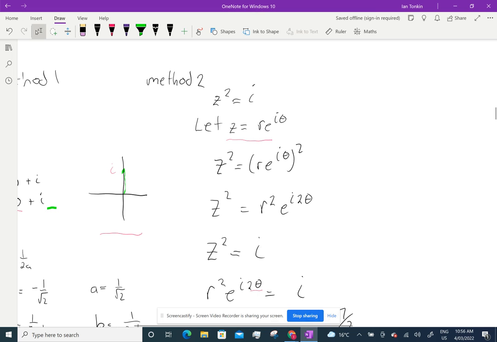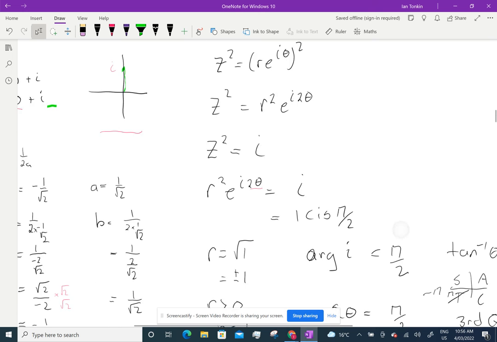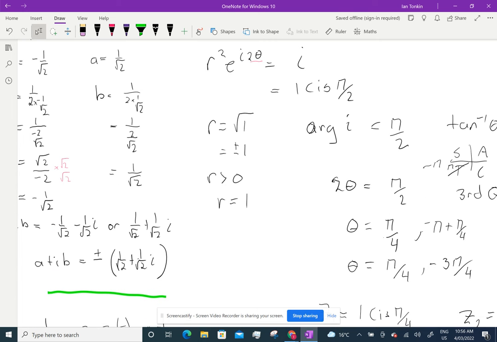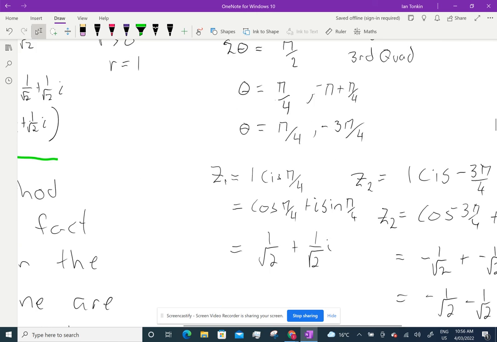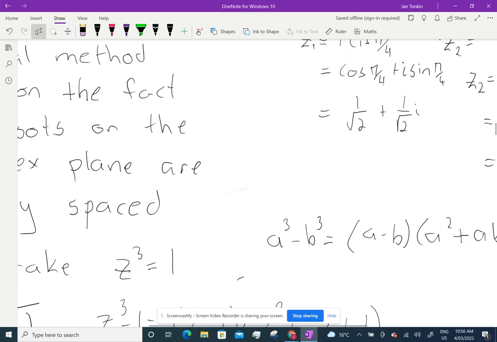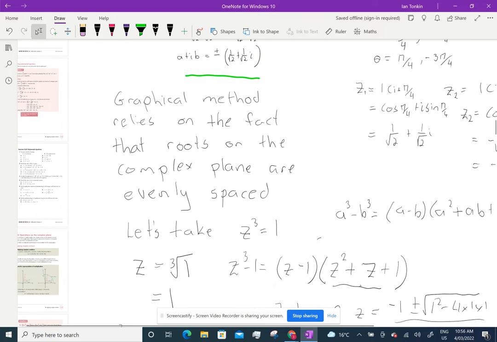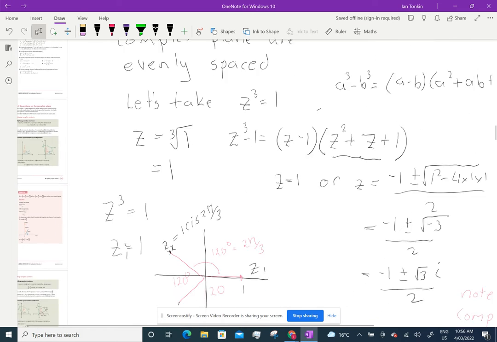Now that you know z can be written as re^(iθ), you can use that and just realise that you're going to get two answers, noting where it's going to be, if it's positive or negative. Or you can use this fact that roots are equally spaced.